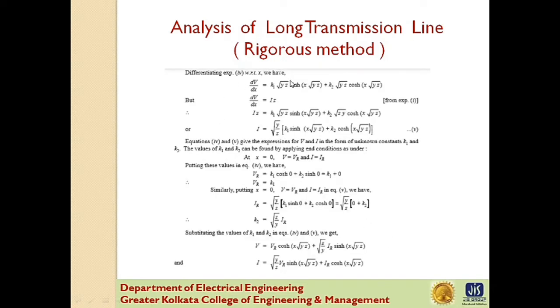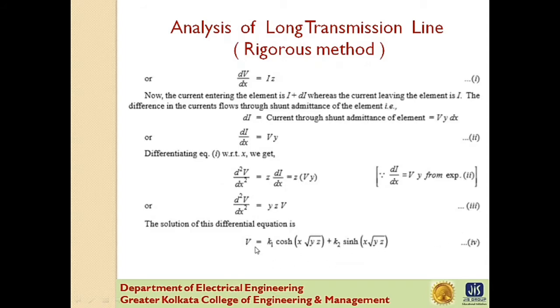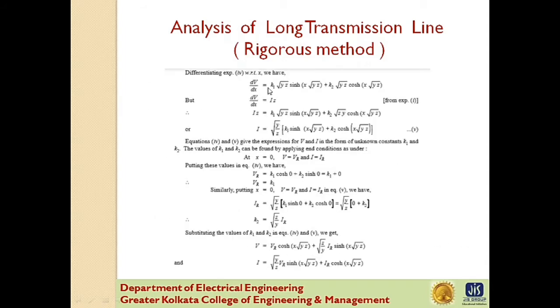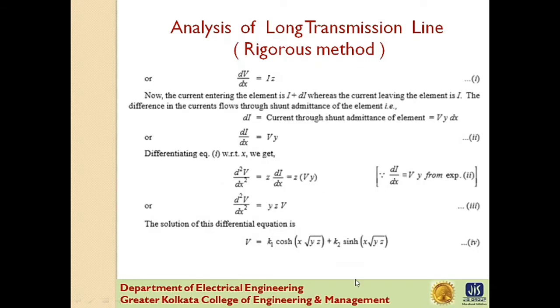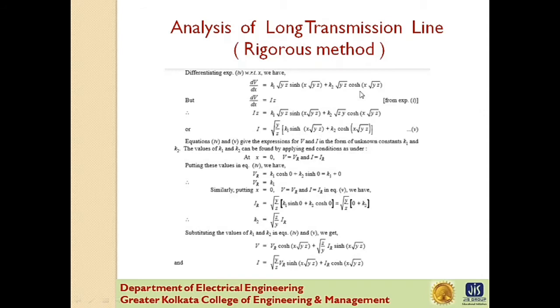Now differentiating this equation with respect to x, dV by dx is equal to k1 root over yz sinh x root over yz plus k2 into root over yz cosh x root over yz, since the derivative of cosh is sinh and the derivative of sinh is cosh.